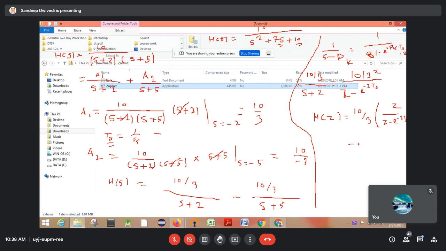Then negative, it will be z upon, now your pole is minus 5, so this will be z minus e to the power minus 5Ts. Is there any doubt in this? So this will be your final answer, that is h of z is equal to this one.